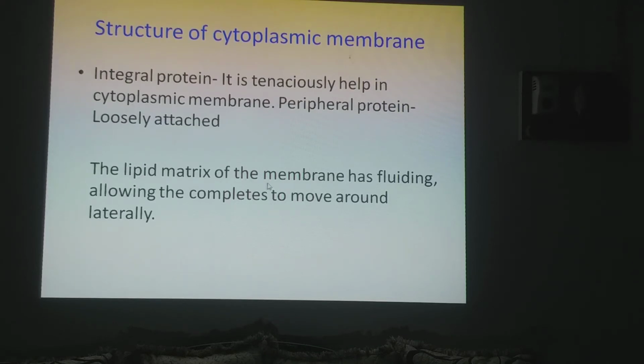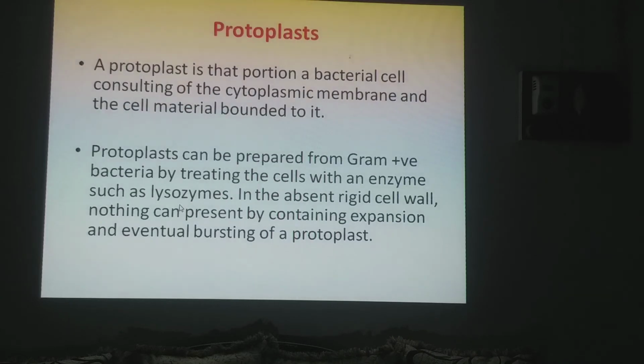The lipid matrix of the membrane has fluidity, allowing the complexes to move around. Whatever material is inside the cell, it helps the cytoplasmic material in streaming movement. Then the other thing in the internal part of the cell is the protoplast.